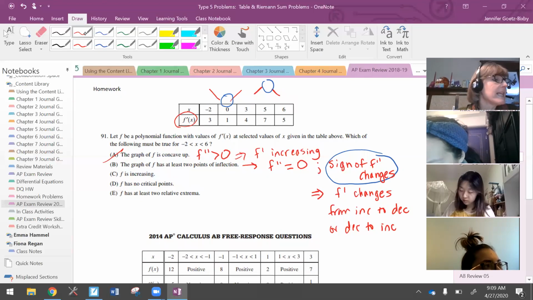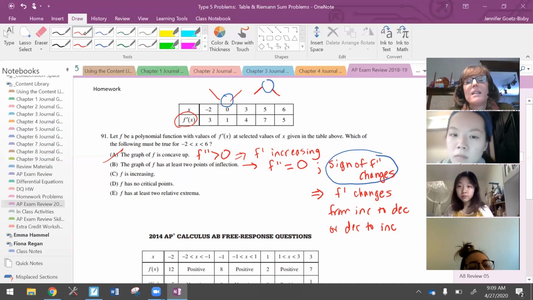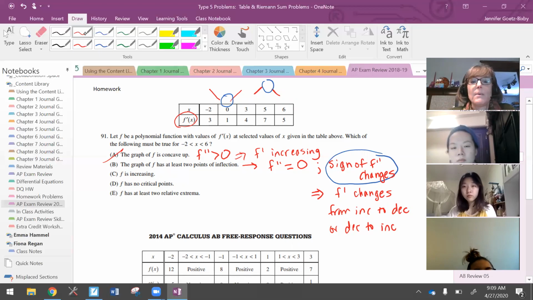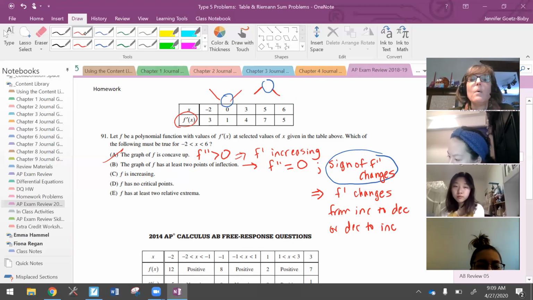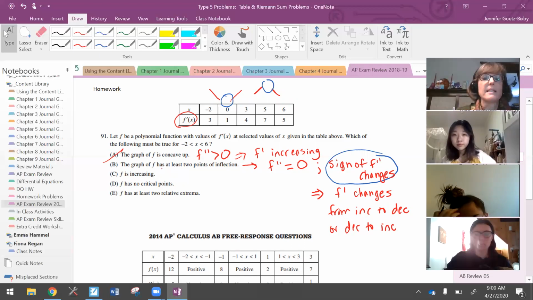Okay, we can keep looking. And you should keep looking, because what if there's a mistake in your logic for part B? Okay, so let's look at option C. If F is increasing, what should F prime look like? It should be positive, right?